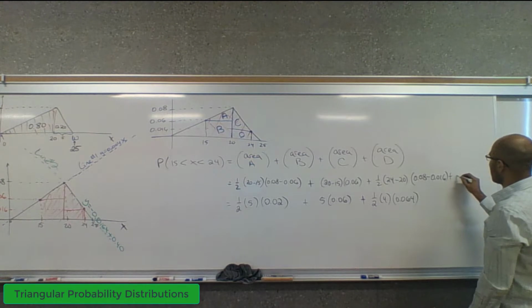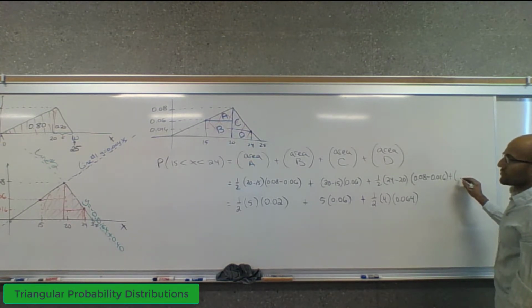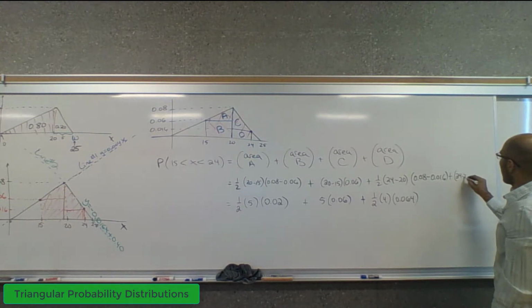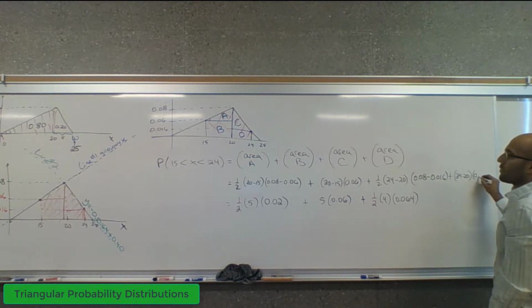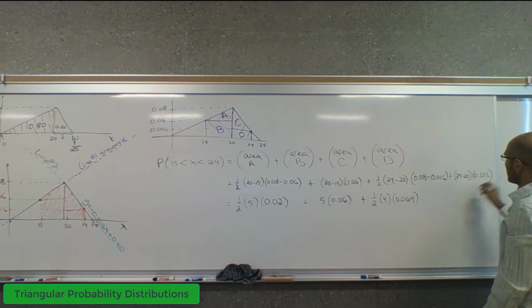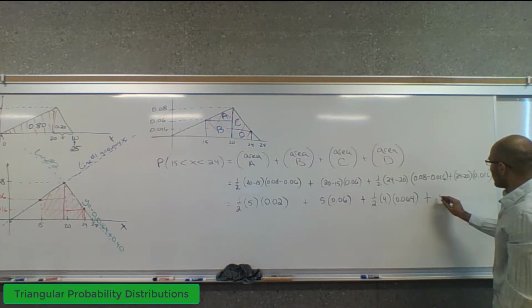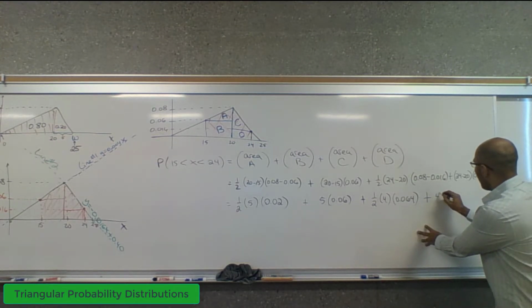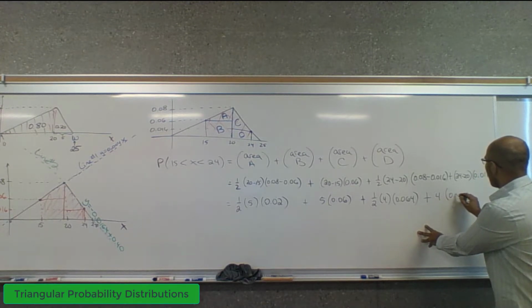And then finally plus D, which is just equal to the base times the height. Plus D, which is equal to 24 minus 20 times 0.016. So this is going to be equal to 4 times 0.016.